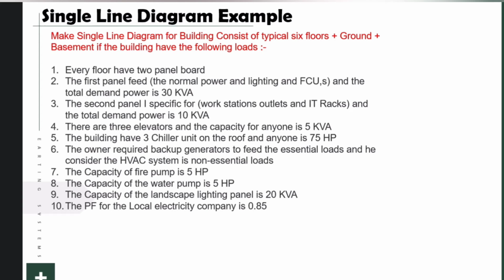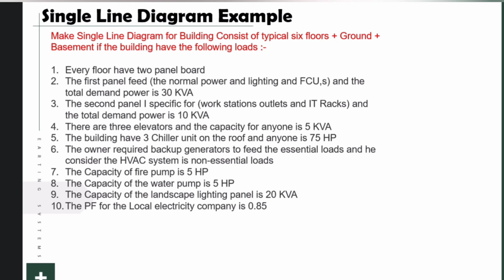The first panel feeds the normal power, the lighting and the FCUs, and the total demand power is 30 kVA. 3. The second panel is specific for the workstation outlets and the IT racks, and the total demand power is 10 kVA. And there are 3 elevators, and the capacity of each one is 5 kVA.